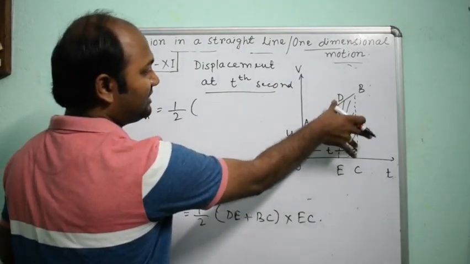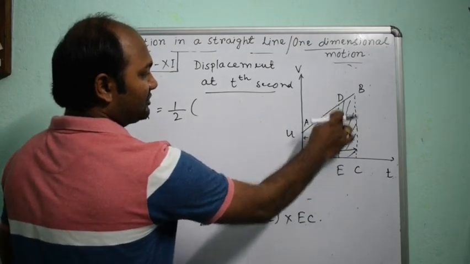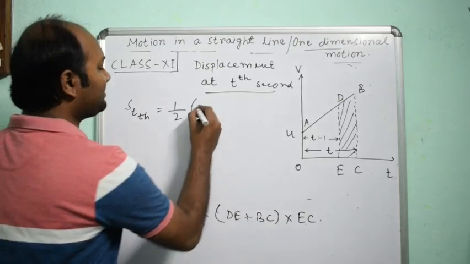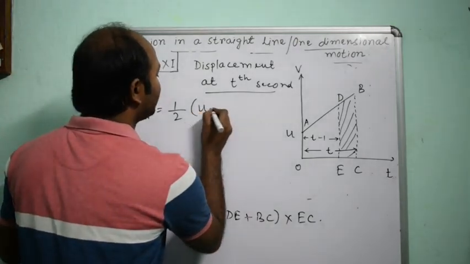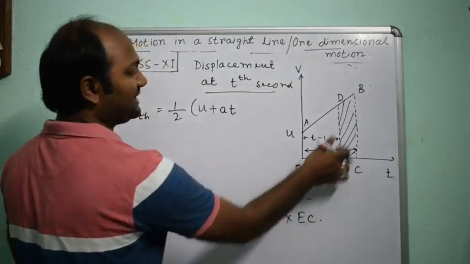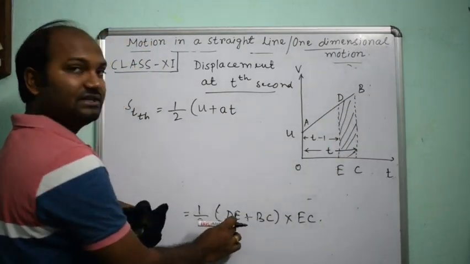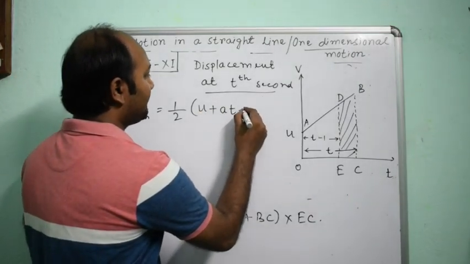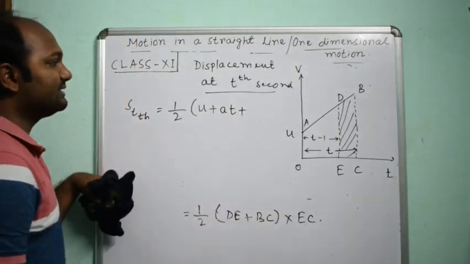DE means the velocity after t second. The velocity after t second is v equal to u plus at. After t second, the velocity is DE. So u plus at plus BC.